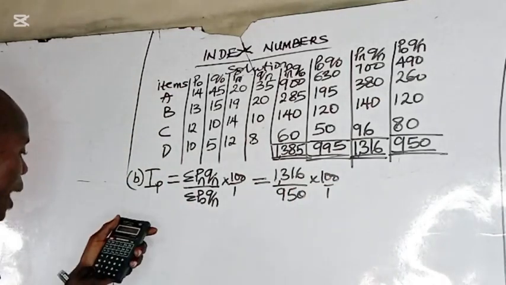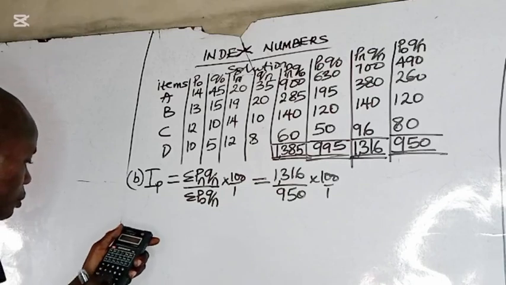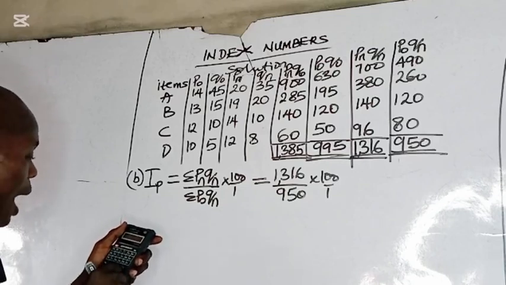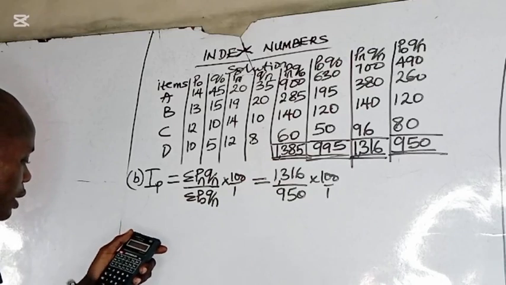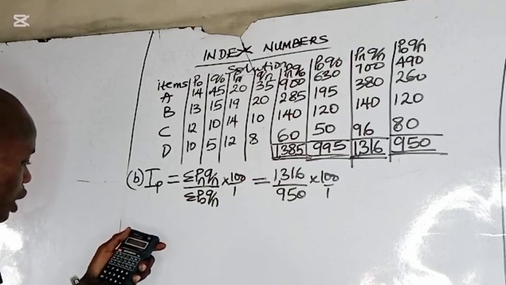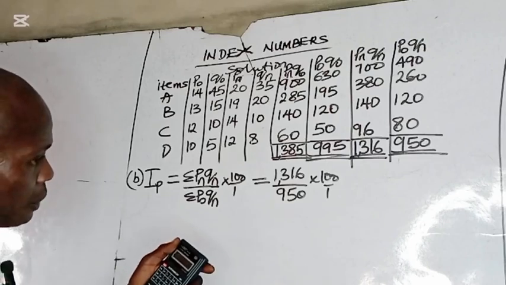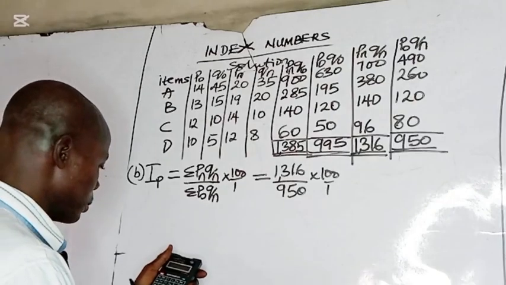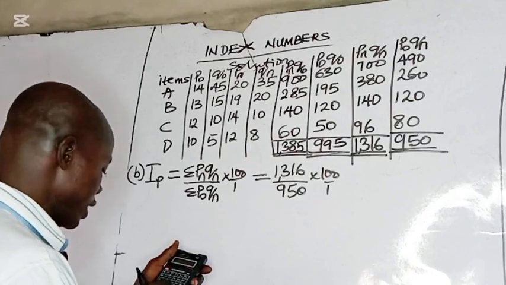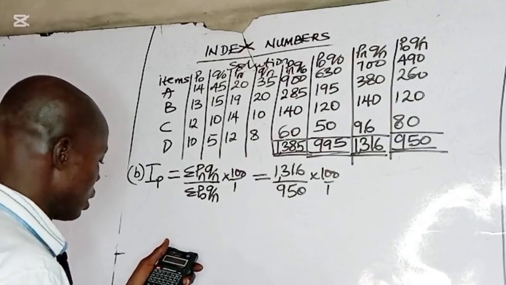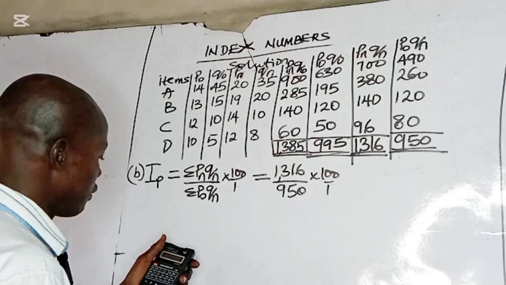So you have 1,316 divided by 950 times 100. That gives us 138.53%.